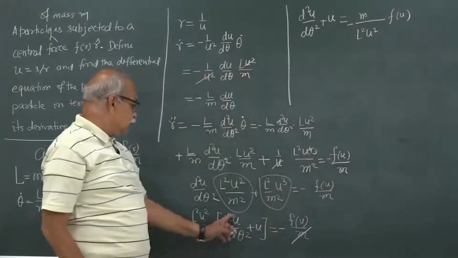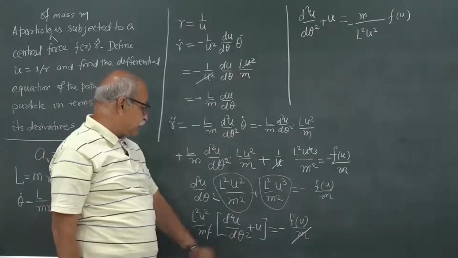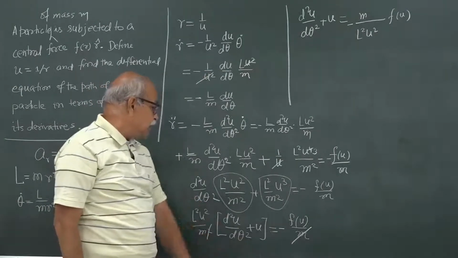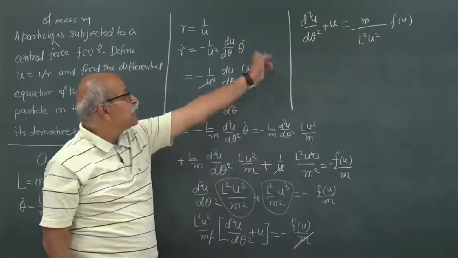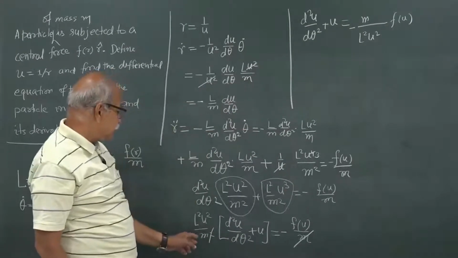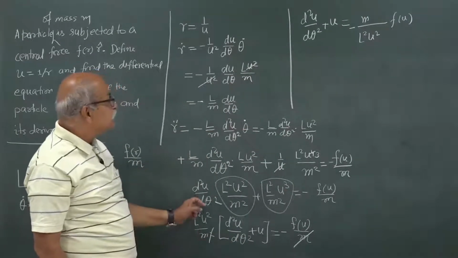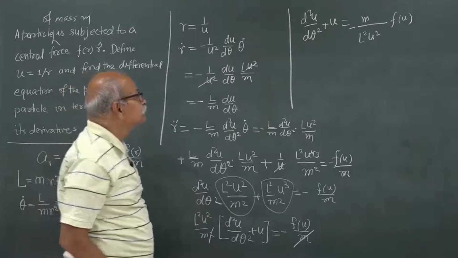Okay. So, d2u d theta square plus u is equal to minus f u multiplied by m divided by L square u square.